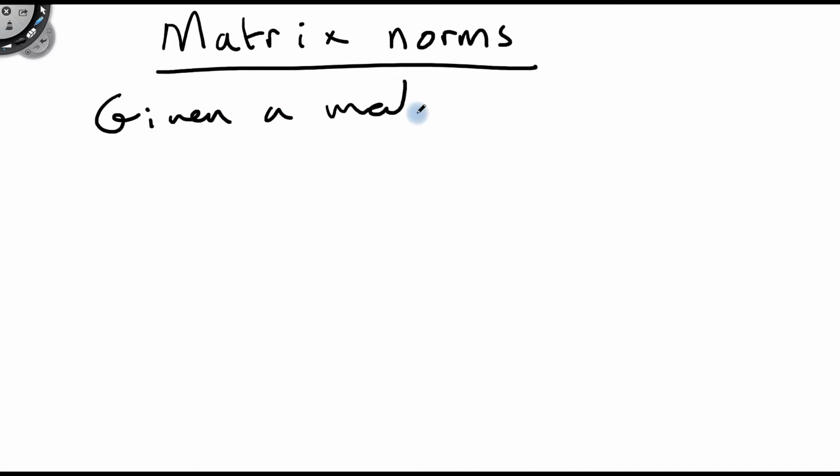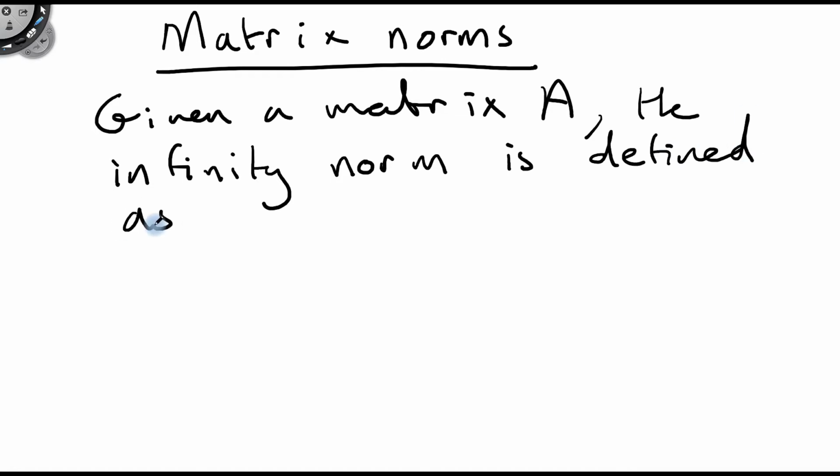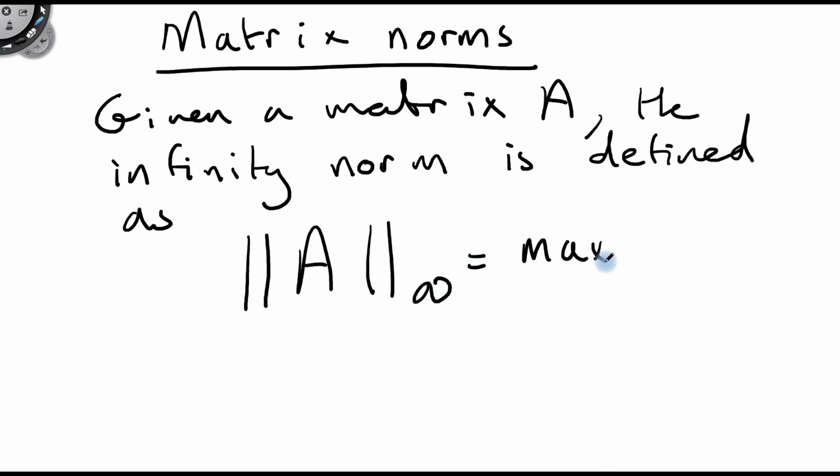So given a matrix A, which we're considering, the infinity norm is defined as, so two vertical bars with subscript infinity, the max over i equals 1 to n.